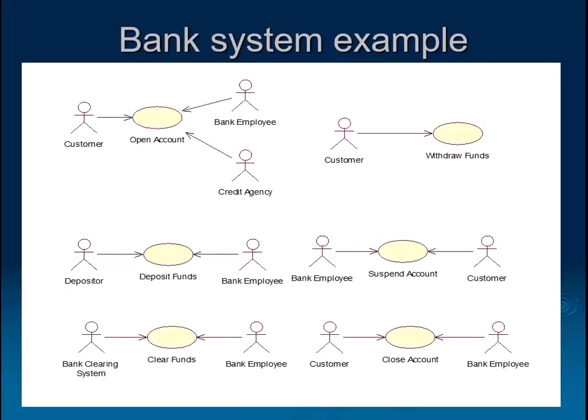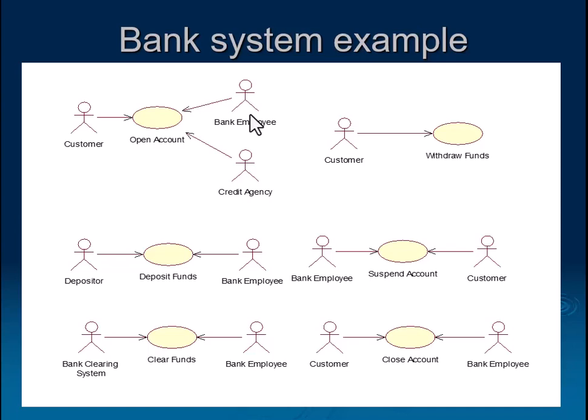This is a bank system example. The customer interacts with the open account use case and two other actors also interact. If you go to the bank and want to open an account, the bank employee deals with you. So there are three actors associated with this use case.